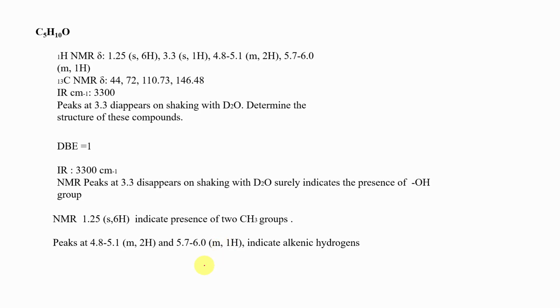These may be unsymmetrical alkenic hydrogens, and hence they give multiplets. That is why the molecule may be assigned this structure. You can see all these data indicate the molecule will have this structure. See, there are two CH3 groups attached to a carbon atom containing no hydrogen atom.